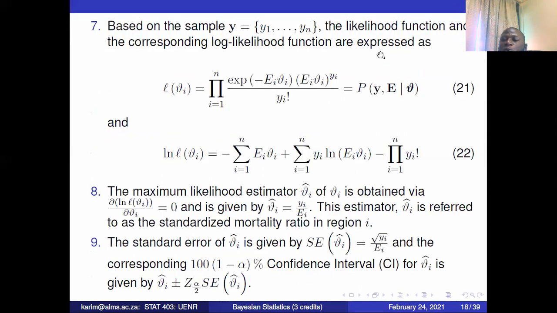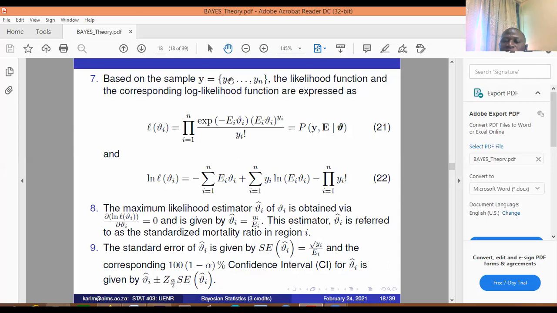So what is our likelihood function? Our likelihood function, so we are saying that based on sample observations, y1 up to yn, the likelihood function and the corresponding log likelihood function are expressed as this. So the likelihood function is the product of the parameter to the power of the data.